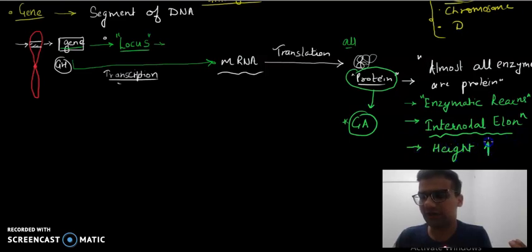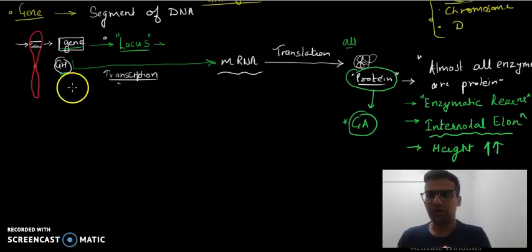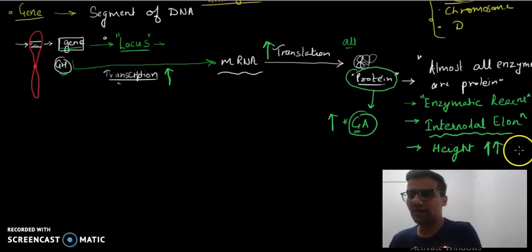So if this growth hormone is undergoing a normal or increased rate of transcription, and an increased rate of translation, that means an increased amount of gibberellic acid, that is protein, is formed, which will increase the internodal elongation.